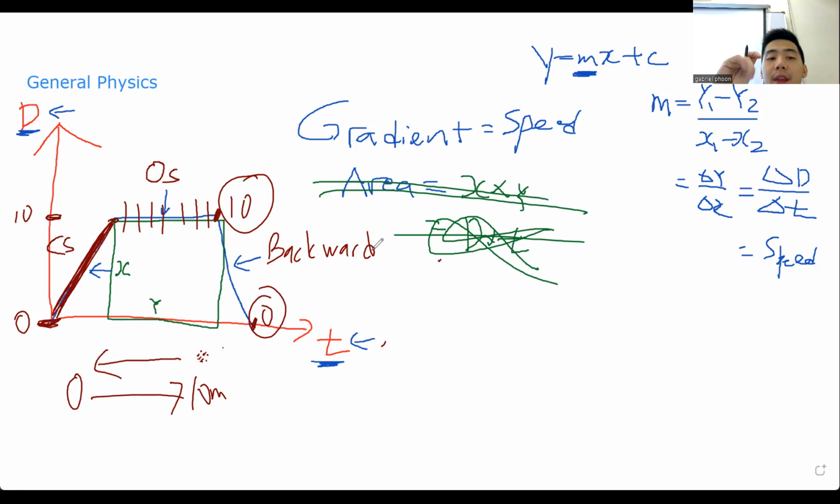You understand? A negative gradient in the distance time graph means the guy is moving backwards. Okay, this is the first part. Anyone's got any questions for this one? Okay, everyone understand this? Let's go into a more common IGCSE question.